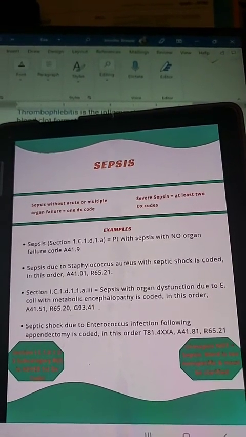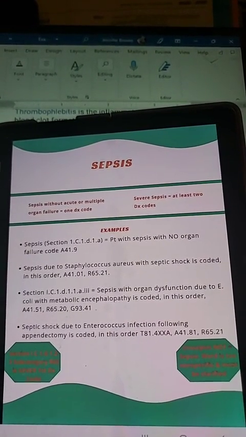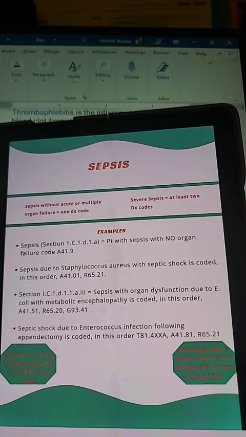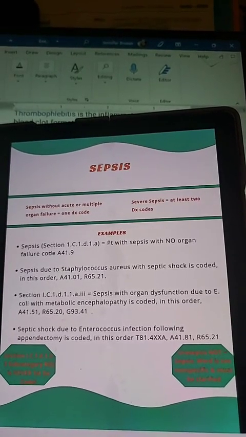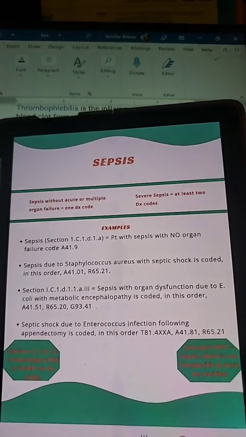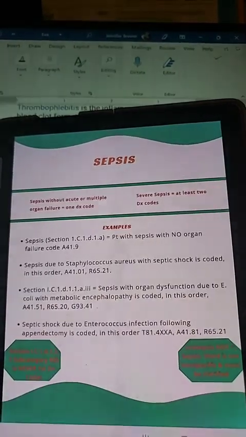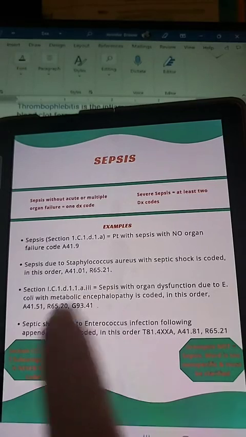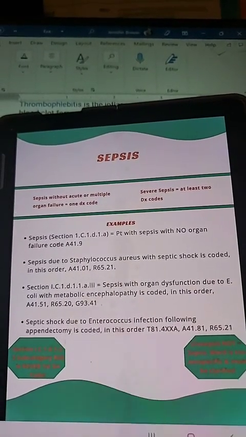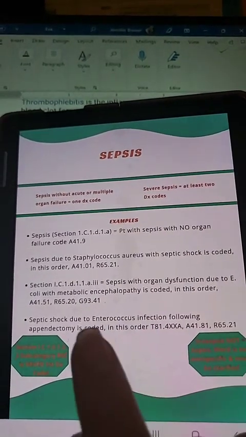sepsis comes in many forms, with or without acute or multiple organ failure. If there is severe sepsis, there's at least 2 diagnosis codes. Sepsis with no organ failure, you're in the A41.9. Sepsis due to staph infection with septic shock, you've got those 2 diagnoses because you've got severe staph, right?